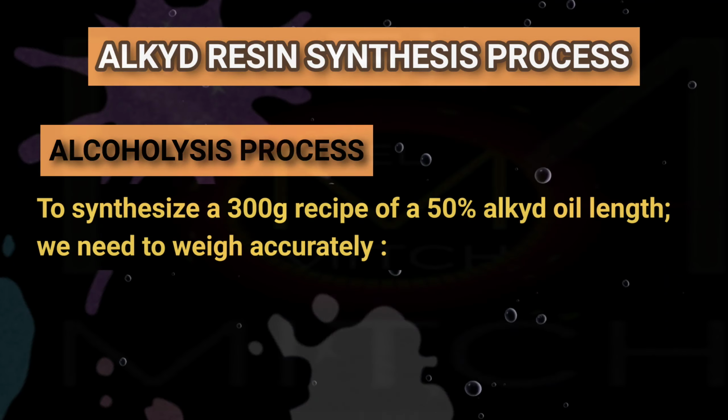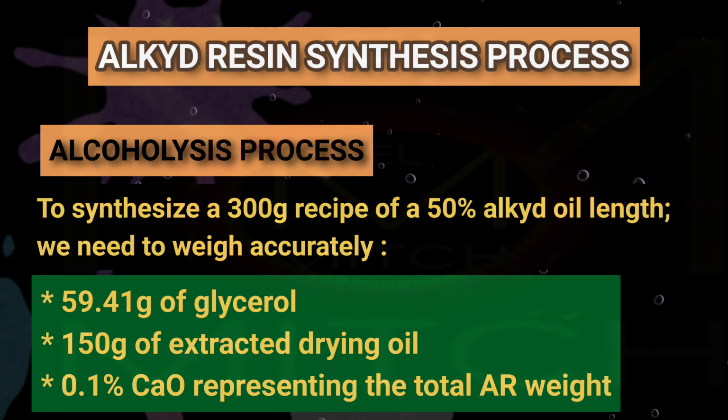Now, for a 50% oil length alkyd resin grade of total weight 300 gram, we add 59.41 gram of glycerol, followed by 150 gram of the extracted drying oil and 0.3 gram of calcium oxide, which would serve as the catalyst, into a 3 or 4 neck round bottom flask.